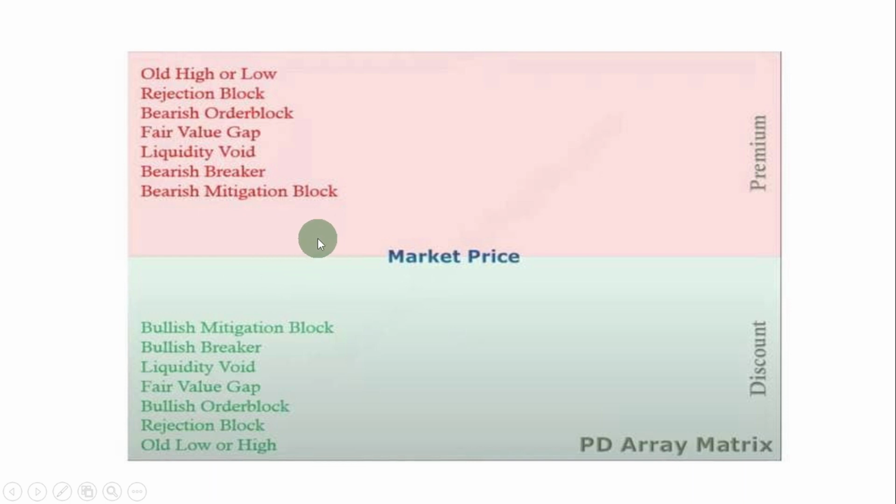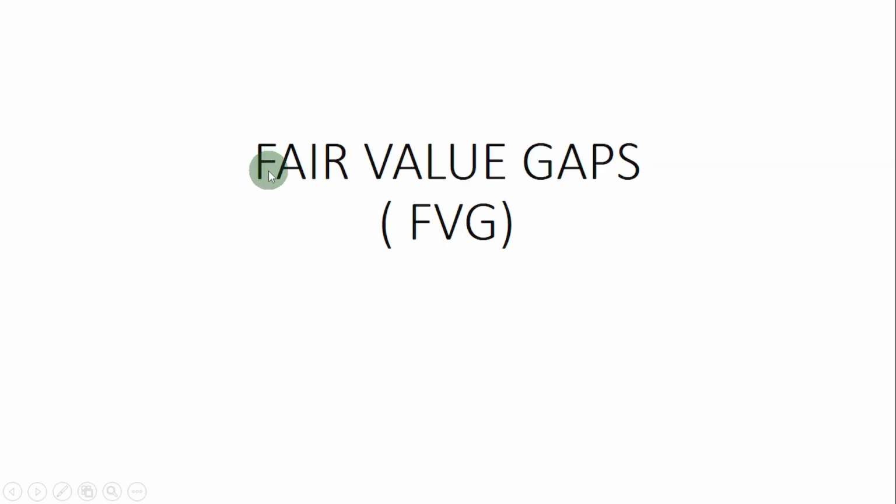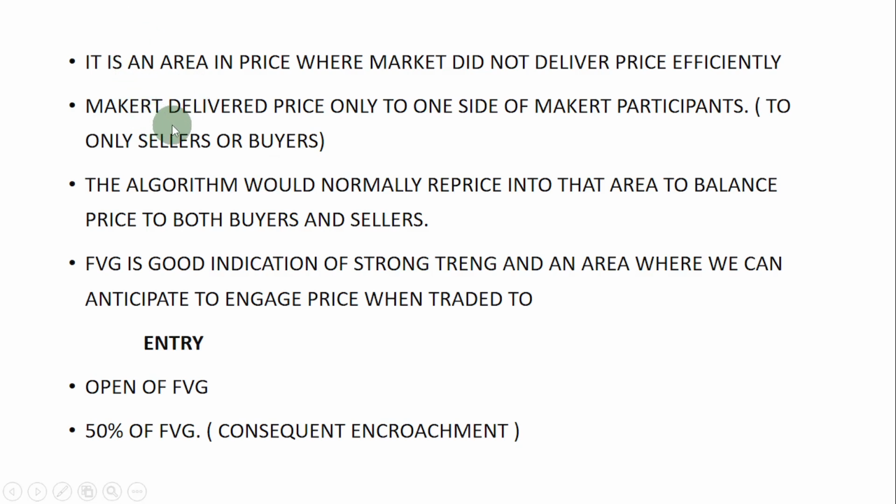So the first PDRA that I'll discuss is the fair value gap, which is also known as the FVG. So let's go to fair value gap. When you say a fair value gap, it is an area in price where the market did not deliver price efficiently.